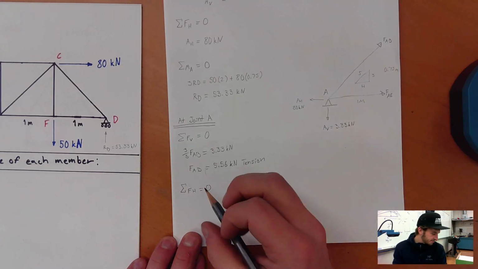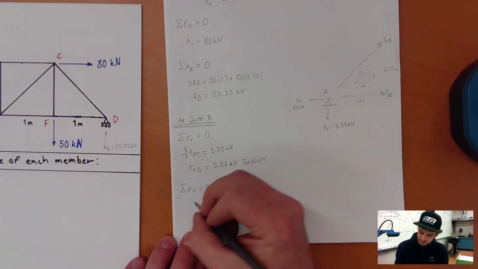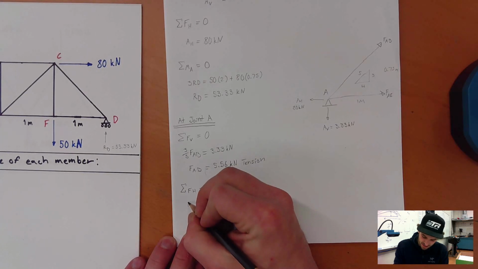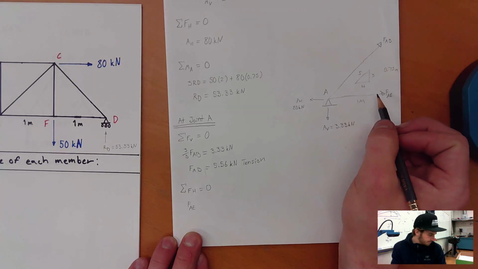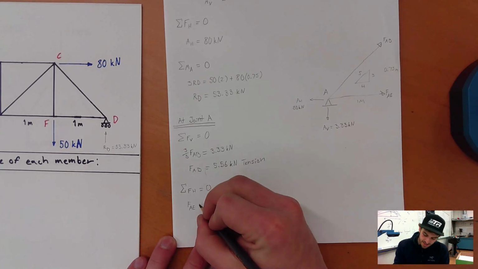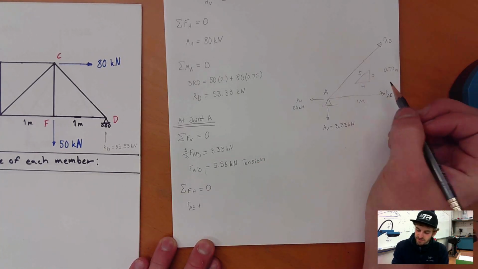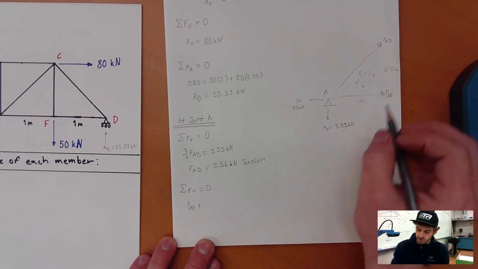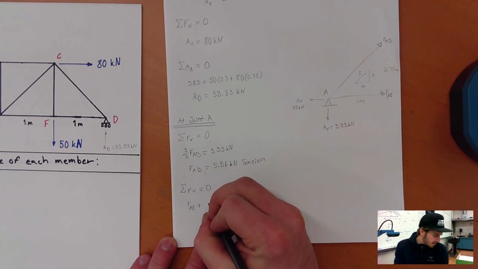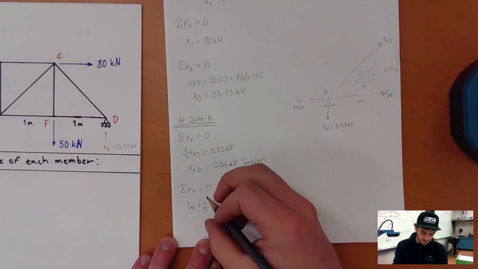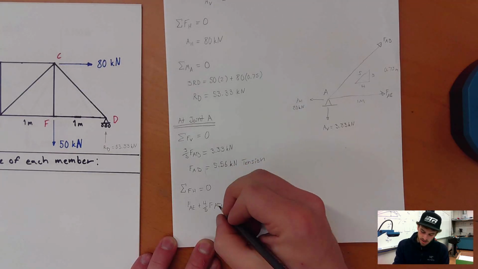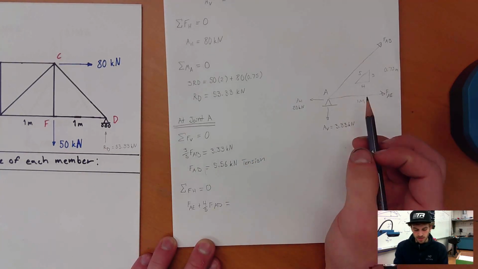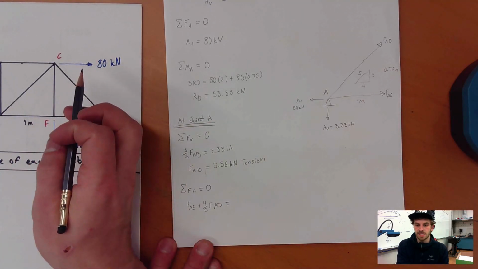So we have the force FAE acting on this member, and we add 4/5 of FAB, because we've already figured out the vertical direction. That needs to equal the equal and opposite reaction of the 80 kilonewtons that we have.